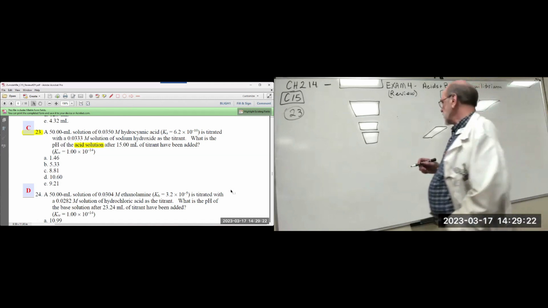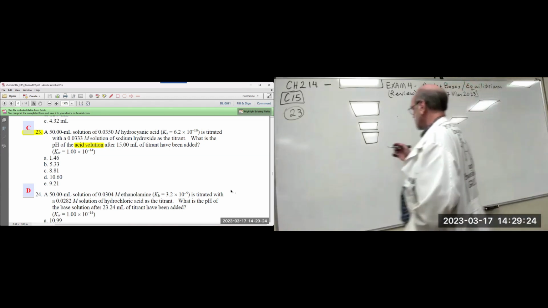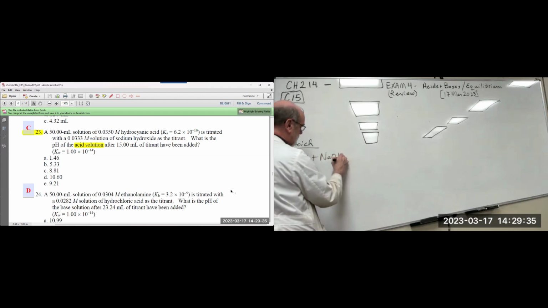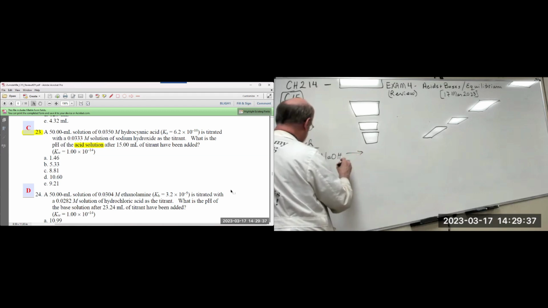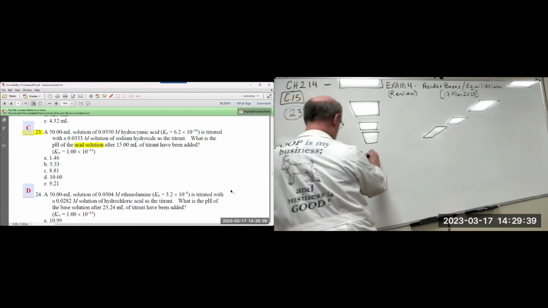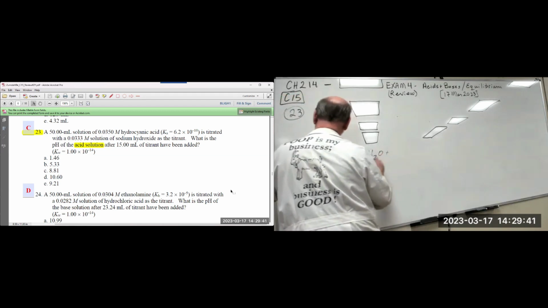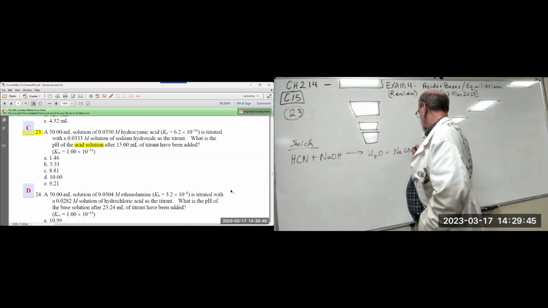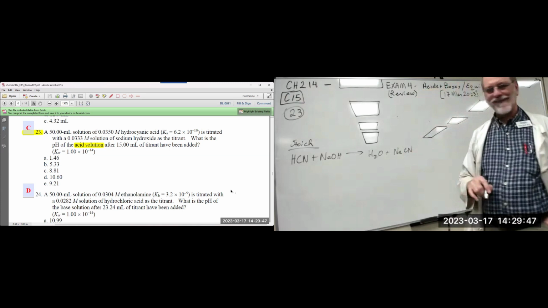Okay, so let's do the stoichiometry first. Hydrocyanic acid plus sodium hydroxide gives us water, of course, plus sodium cyanide.